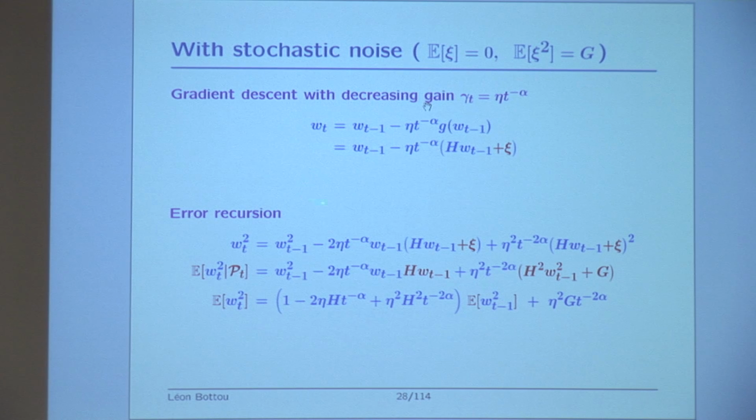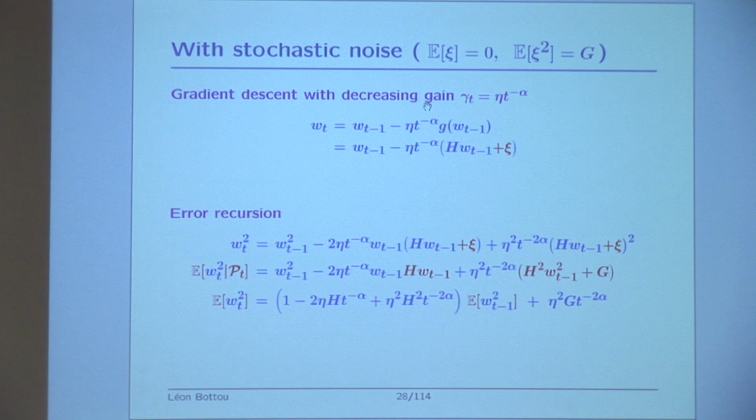So I just square this and develop: wt minus 1 squared, minus 2 eta t minus alpha wt minus 1 hw, plus the quadratic term. And the first thing I'm going to do is take the expectation of this given everything I know up to time t. Meaning that the example I'm going to draw at time t is my random variable.